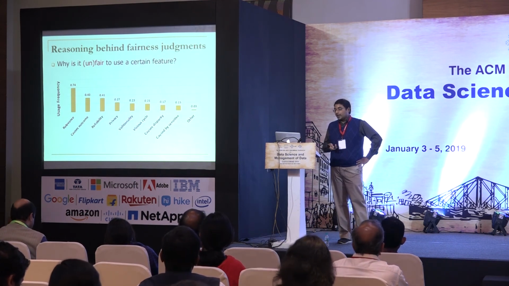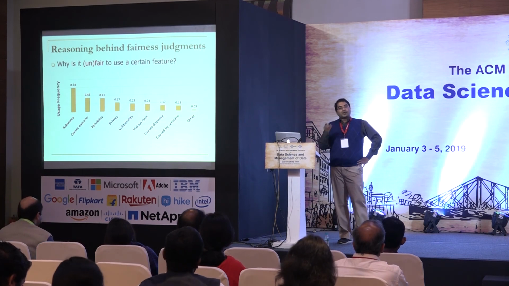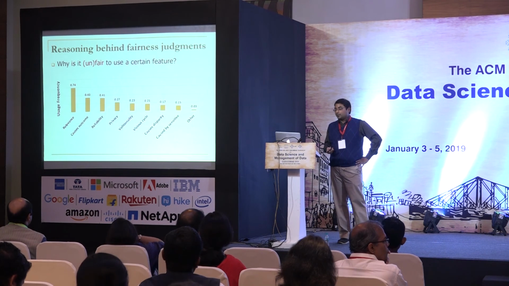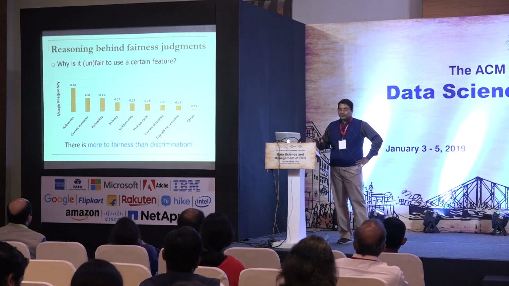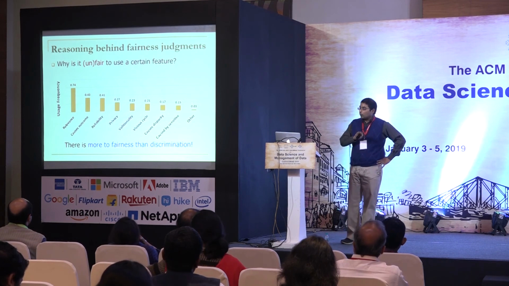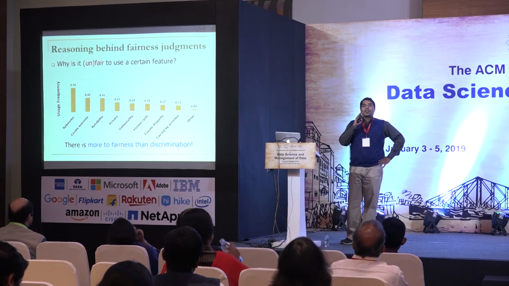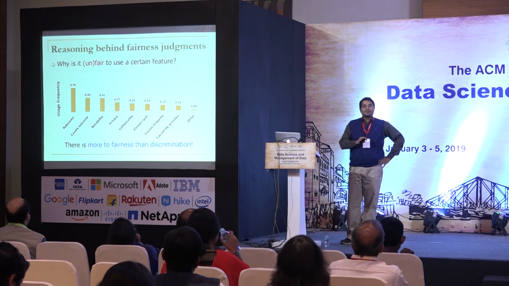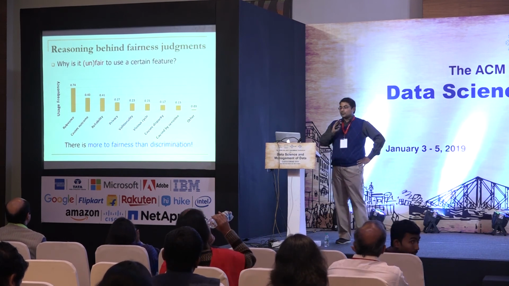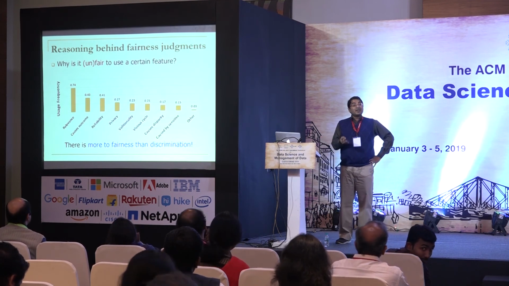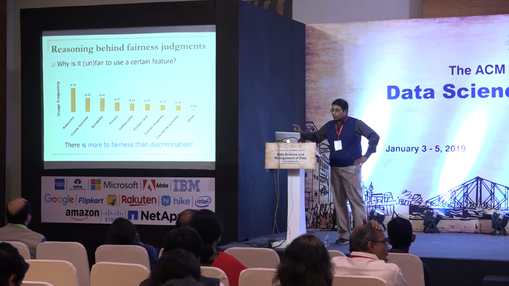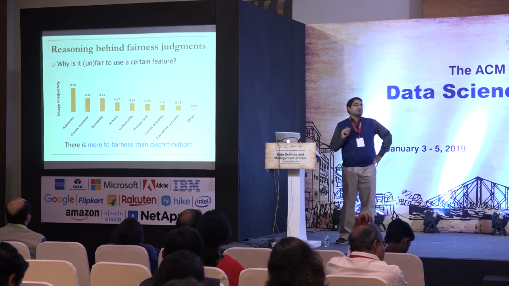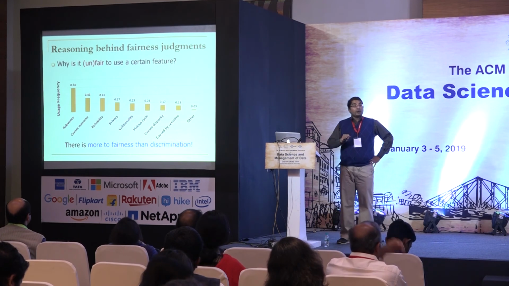Now, clearly, there are different extents to which these latent properties are influencing people's judgment. In fact, the one takeaway from this slide is that if you look at the number of times people felt that a feature was unfair to use because of discrimination-related concerns, and the discrimination-related concerns are the ones about causing disparity and being caused by a sensitive feature, they're actually in the minority.